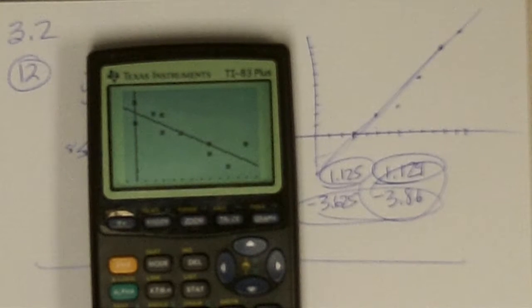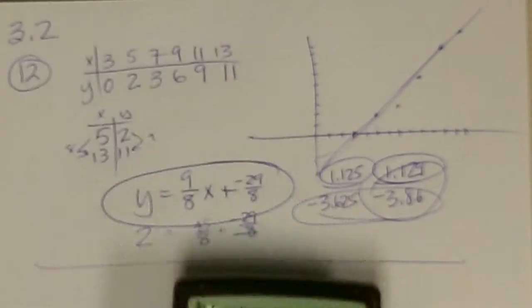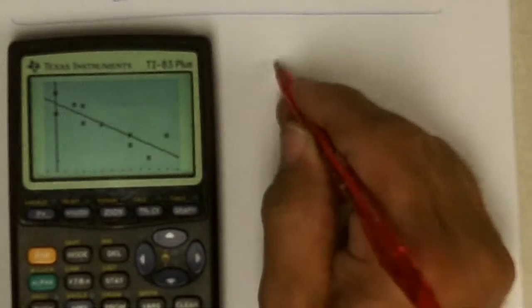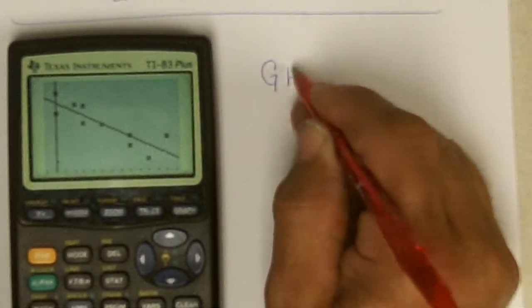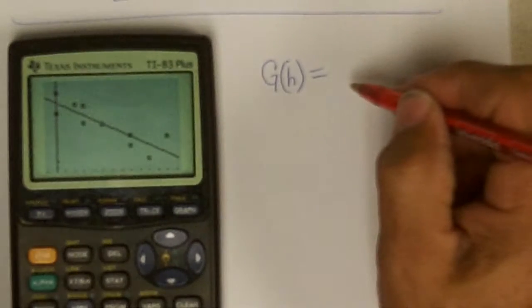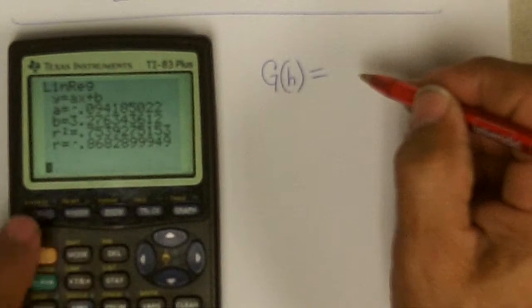Express the model using function notation. So now to write this in function notation, slide this up. The grade point as a function of the number of hours is, let's see here, we can quit and take a look here.